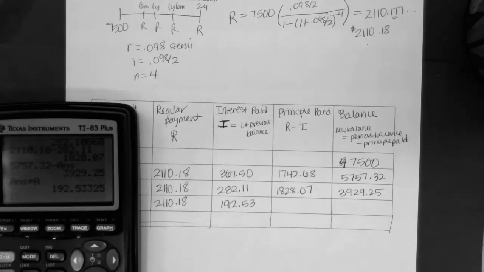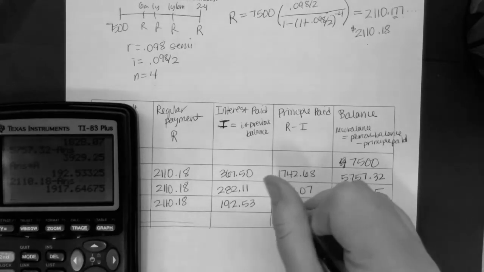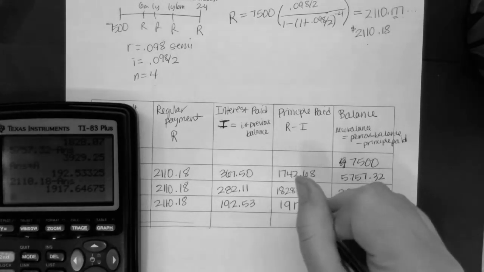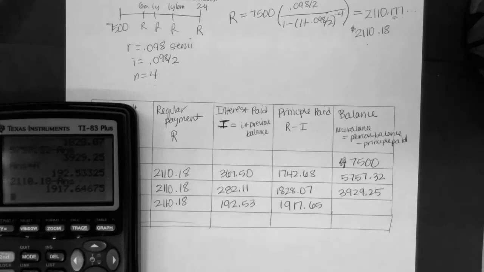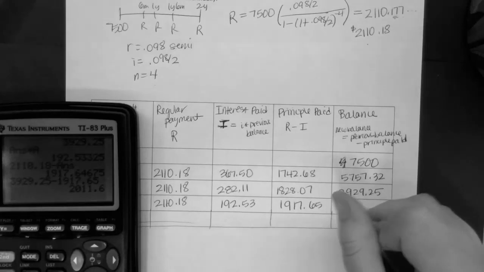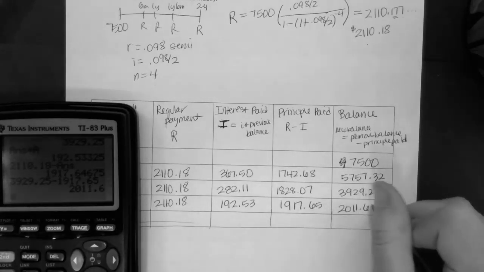And then our principal paid is going to be our R minus this answer. So 1,917.65. Okay, and then we're going to take 3,929.25 and subtract off 1,917.65. So we get 2,011.60.